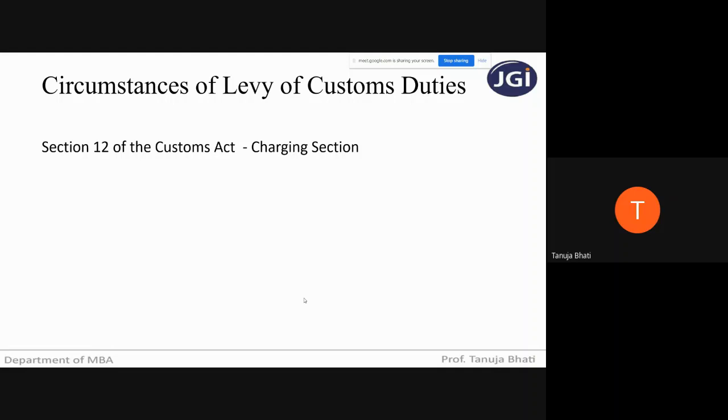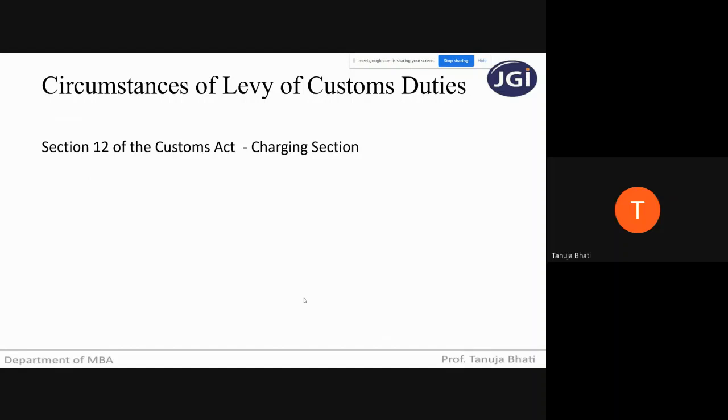This charge of custom duty is to be considered only on goods and not on the person who is importing them, because on the person there is income tax, but on the goods, if they are imported or exported, you are going to charge custom duty under which section? Under the charging section of Custom Act, that is section number 12.